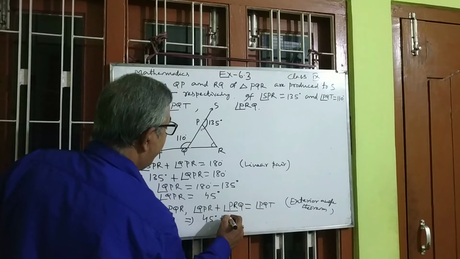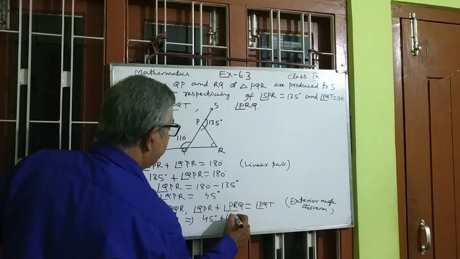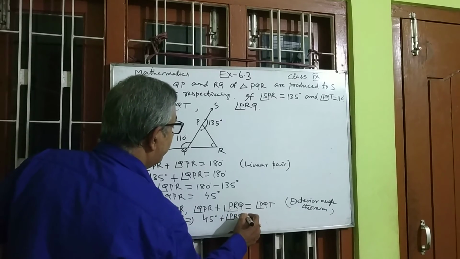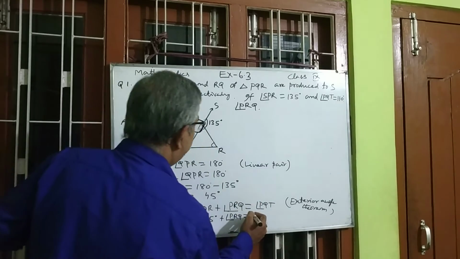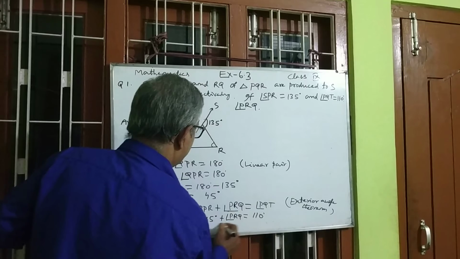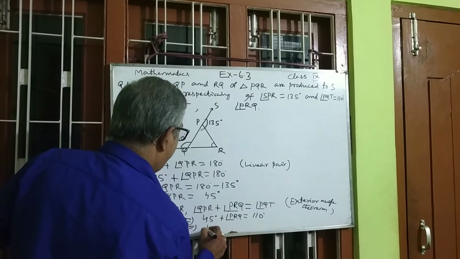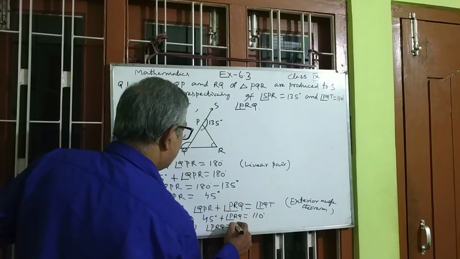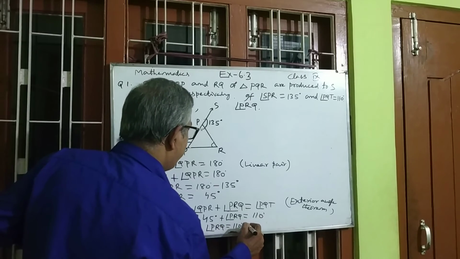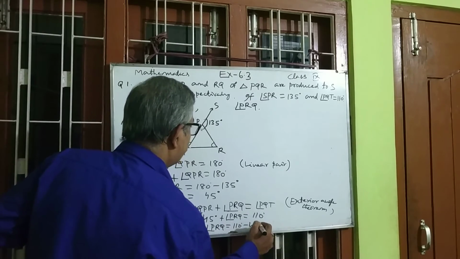Then PRQ is not known, PRQ is equal to PQT, already given. PQT is equal to 110 degrees. So angle PRQ is equal to 110 degrees minus 45 degrees.